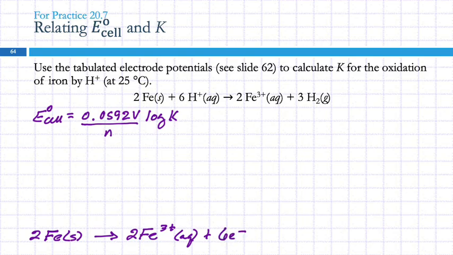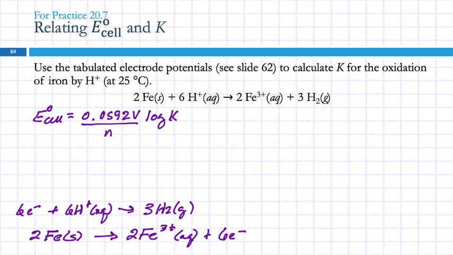And then the other half reaction must be hydrogen ions forming hydrogen gas. So 6 H+ forming 3 moles of H2 gas. And this is also going to have 6 electrons. So now we know that N is equal to 6.